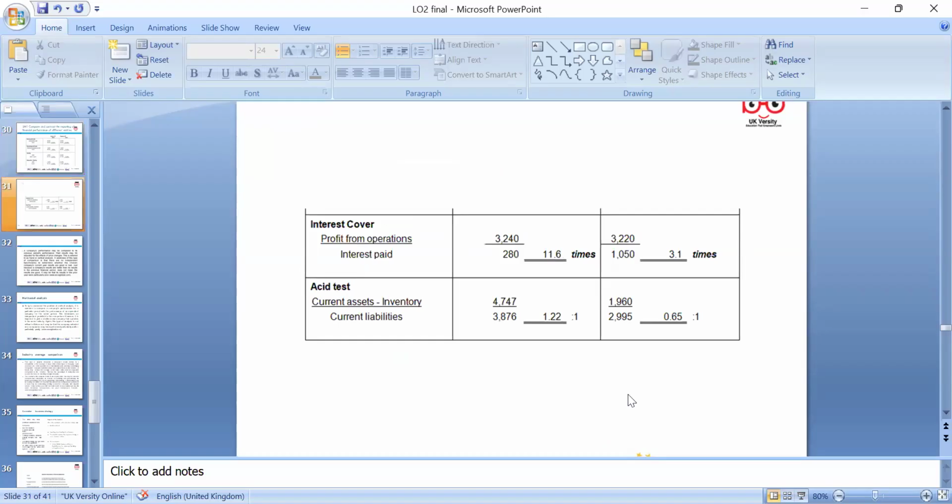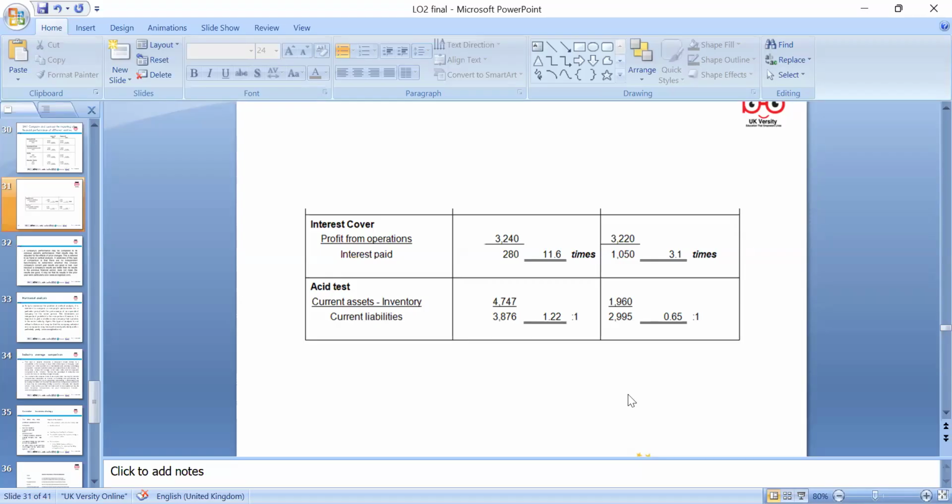So we need to look at interest cover: Anika has 11.6 times, meaning a higher profit relative to the interest that has to be paid, but Papika has only 3.1 times. So Papika is more risky than Anika. When we look at the acid test or quick ratio, or the current ratio, it is 1.22 and 0.6.